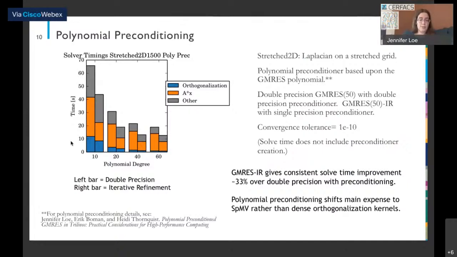And we're still getting good improvement with our iterative refinement solver as far as the solve time. We get improvements in solve times of about 33% with this iterative refinement solver over the double precision solver. So the nice thing here is that we've shifted the balance to the sparse matrix vector product instead of the orthogonalization, which in some cases may be advantageous.